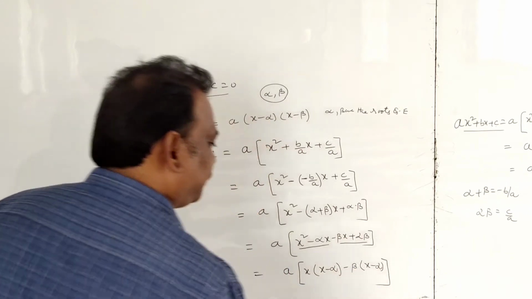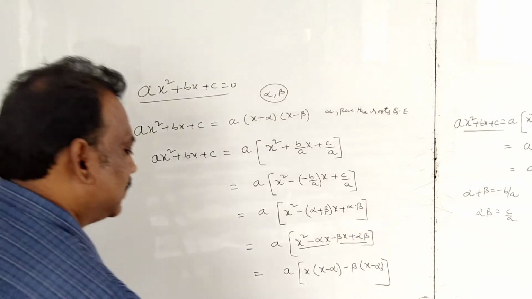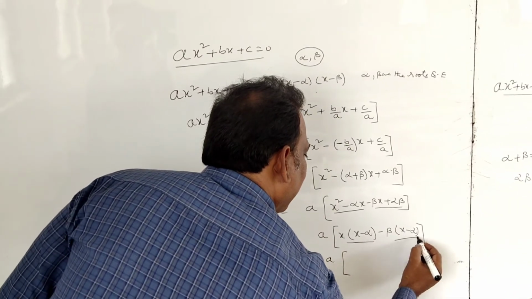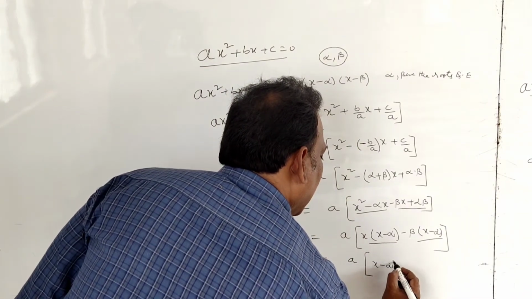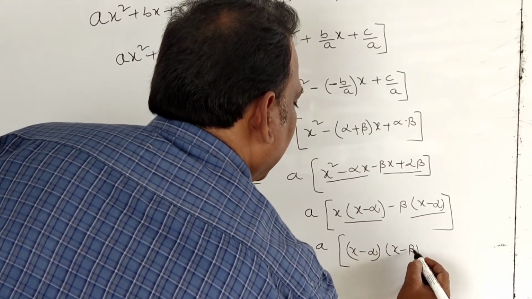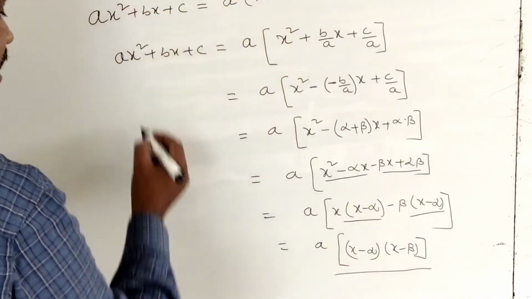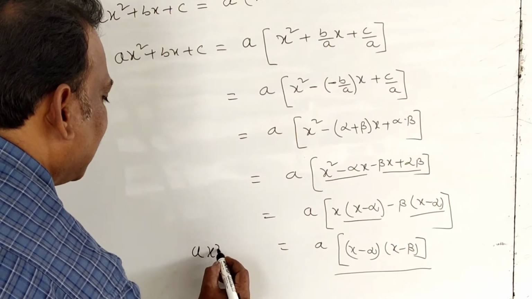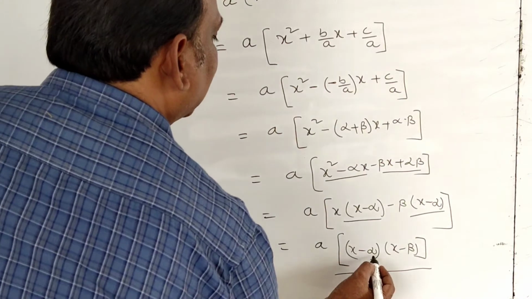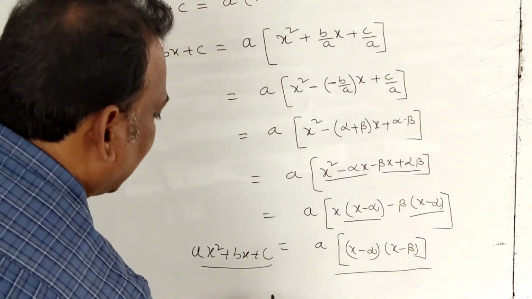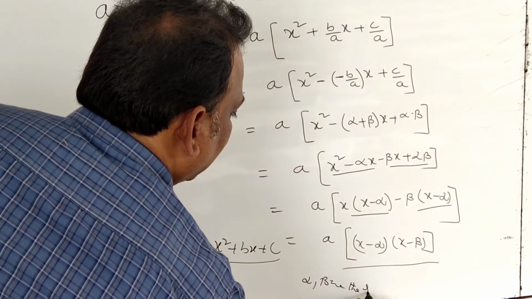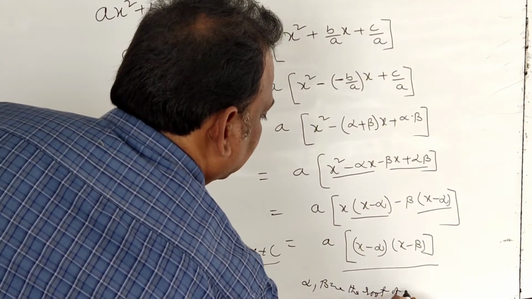Correct, students? Right. Next, a into, in these two terms we have x minus alpha common and we left x here and minus beta here. So now we can always express ax square plus bx plus c in terms of a into x minus alpha and x minus beta, where alpha, beta are the roots of the quadratic expression.